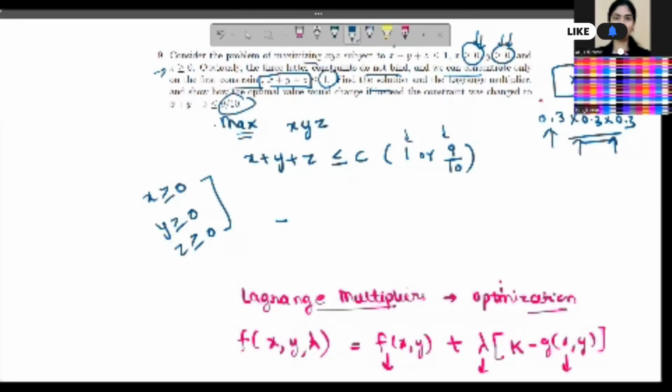If you consider 1, this has to be satisfied. Still, the constraint has to be satisfied. No, the value of the sum has to be lesser than or equal to 1. Ma'am, in that case 0.1, 0.2, 0.3 works, no?